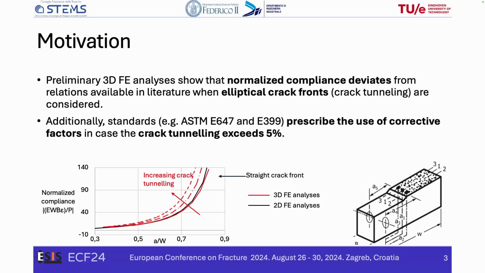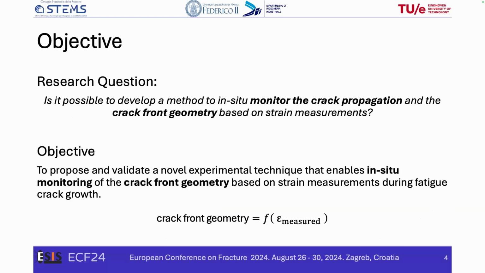In particular, you can see those with solid lines with the straight crack front agreeing, and with the occurrence of crack tunneling, the dotted and dashed lines, you can see that there's a deviation of the response. Additionally, standards prescribe the use of corrective factors in the case of crack tunneling exceeding 5%.